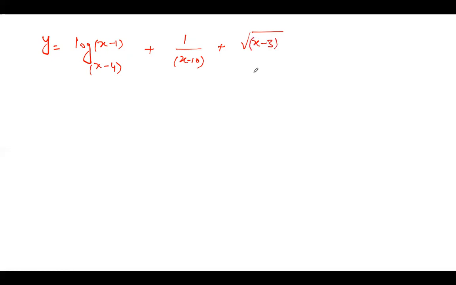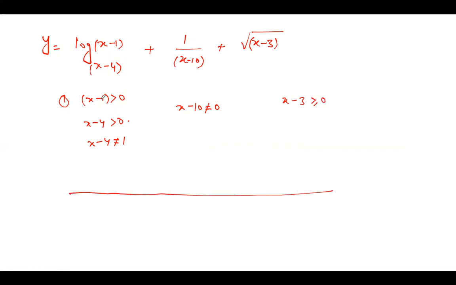Now, it's a complicated question. We have to apply all the concepts at once, right? For the log, we know that x - 1 greater than 0, x - 4 greater than 0, x - 4 not equal to 1. For the second function, x - 10 not equal to 0. For the third function, x - 3 greater than or equal to 0. Apply all the three in one, right?